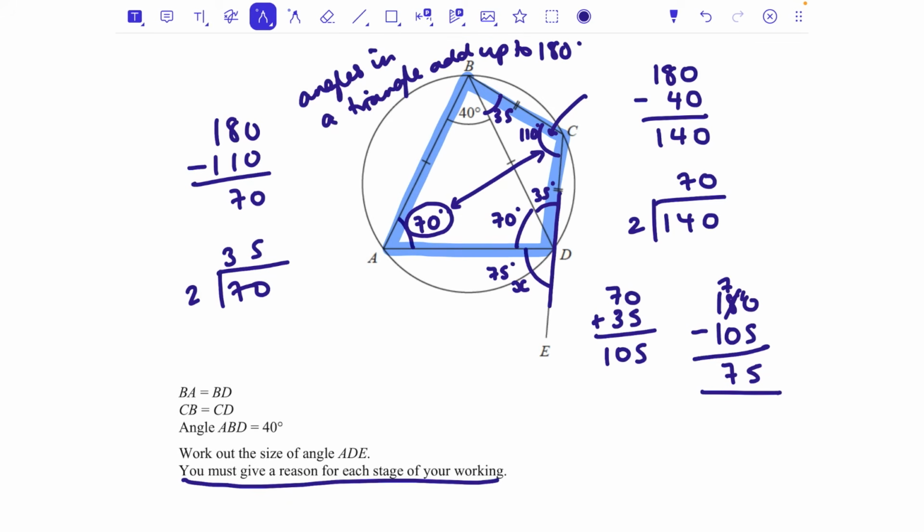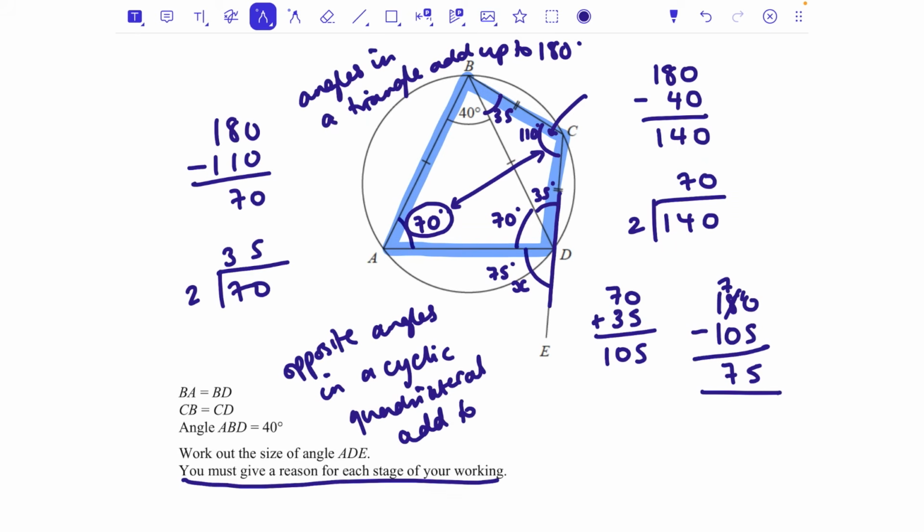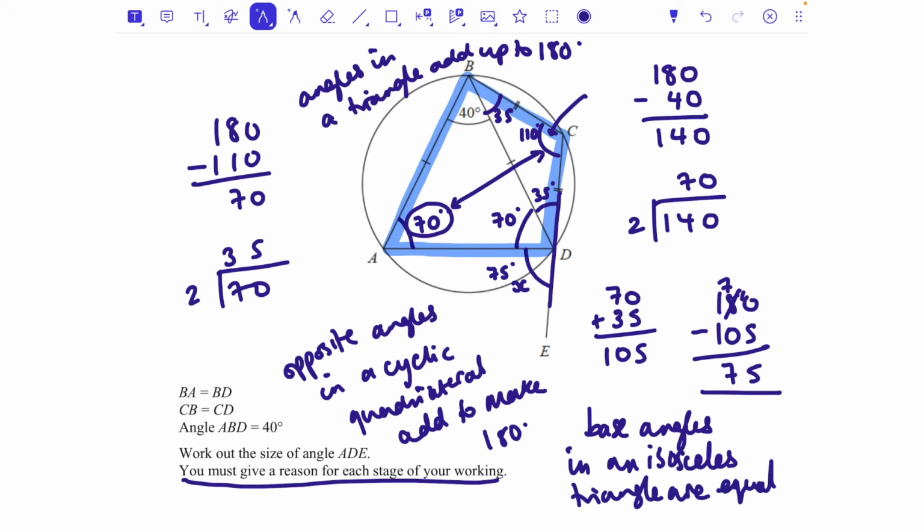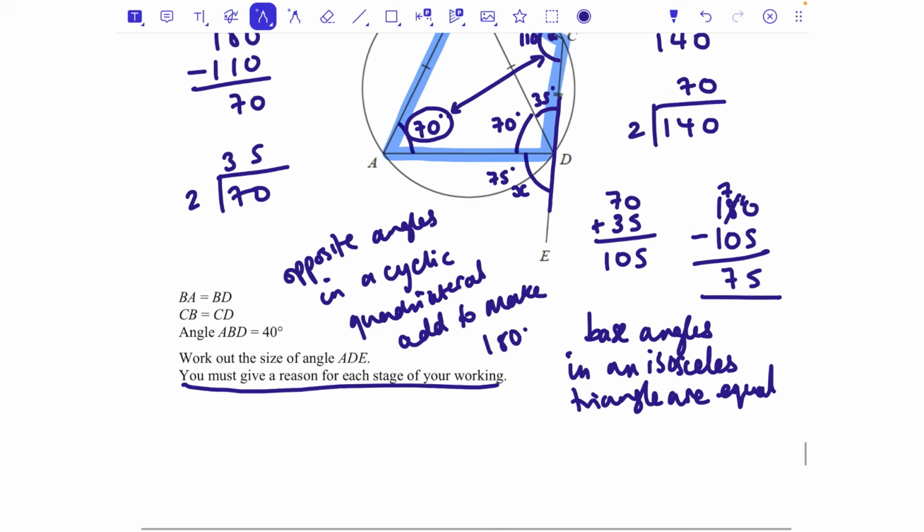We also said that opposite angles in a cyclic quadrilateral, that being one where all four corners touch the edge of the circle, add to make 180. And we also used the fact that base angles in an isosceles triangle are equal. And then we also used angles on a straight line.